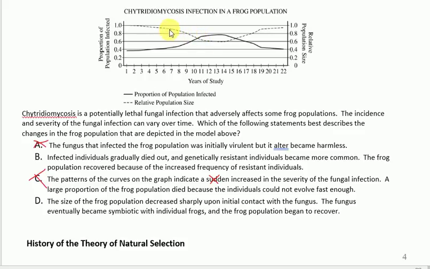It didn't even start to really happen until 5-6 years in somewhere. So, a sharp decrease, not. So I'm going to go with B. So basically, the population increased because of genetically resistant individuals.